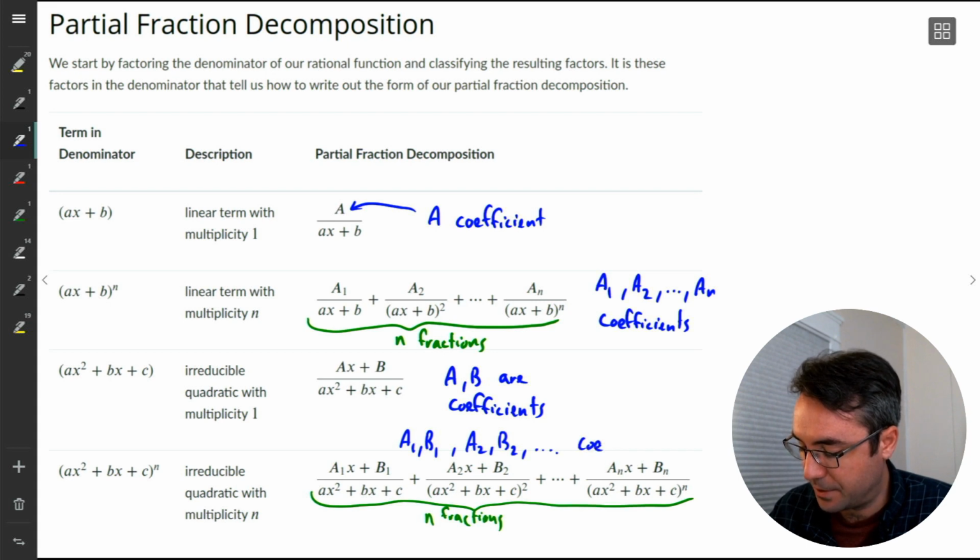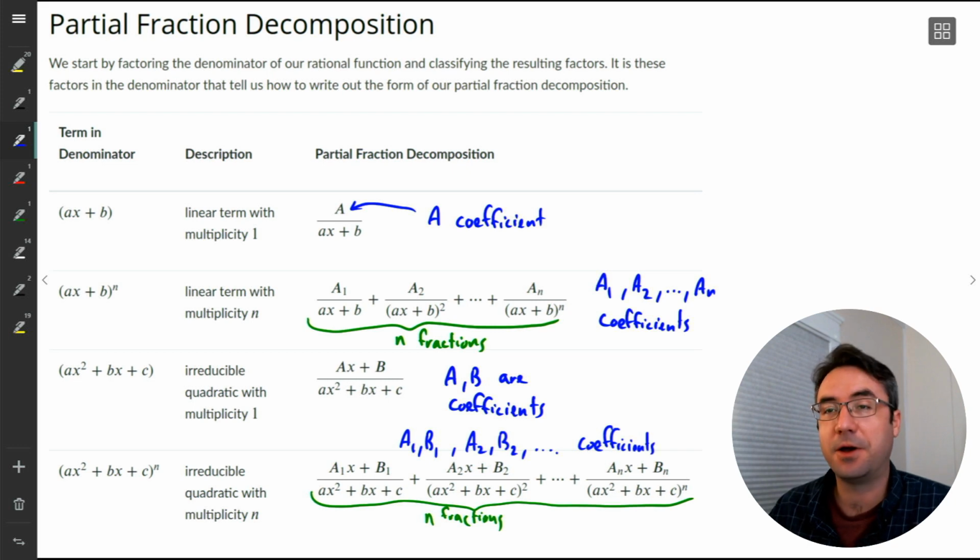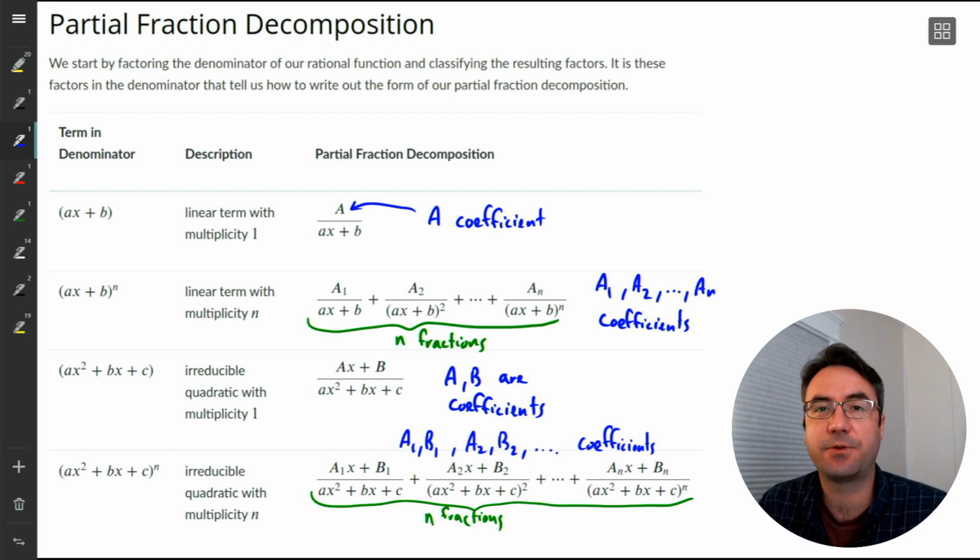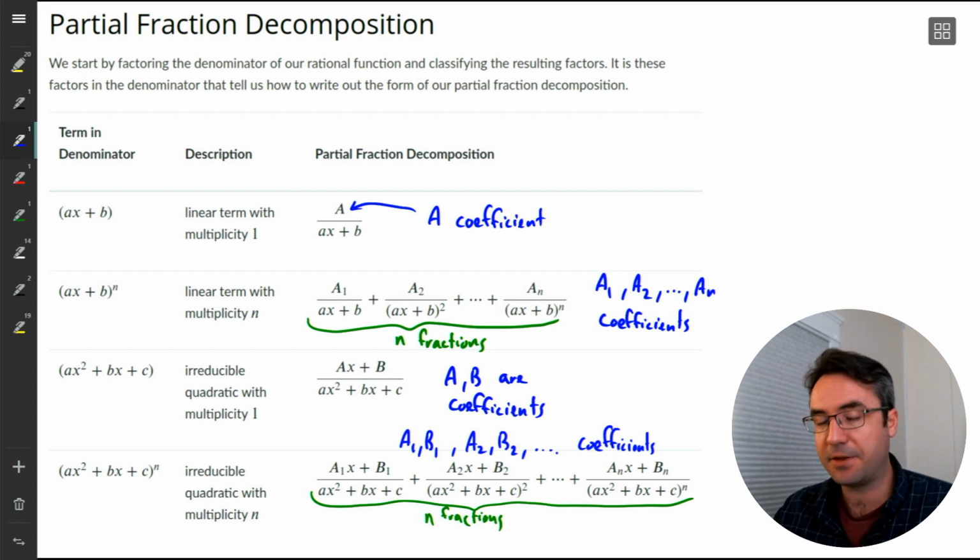All of them are going to be coefficients. They might all be different, and we'll have to find them all. So we're going to see how all of this works. This will be a nice reference table for you to refer back to as we're going through this section. So let's see how this is going to work.